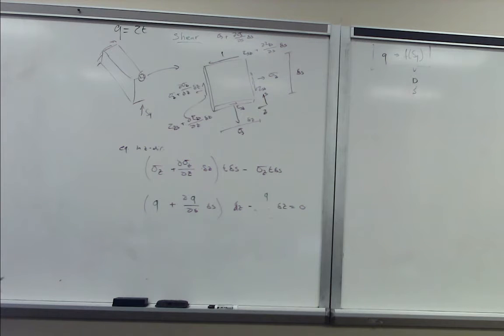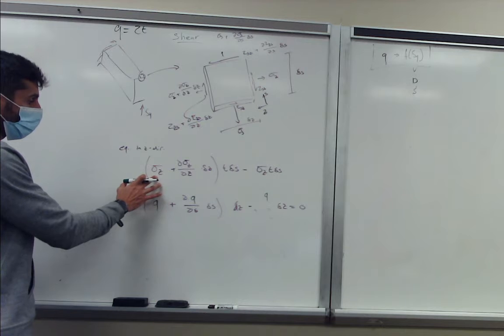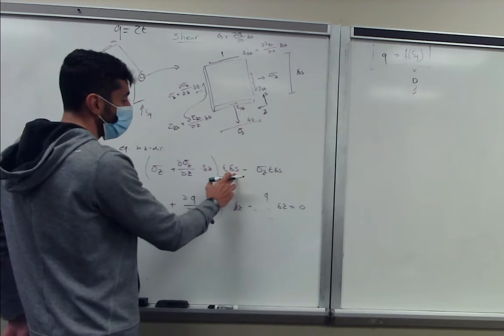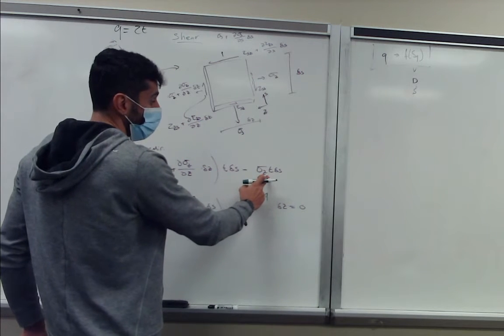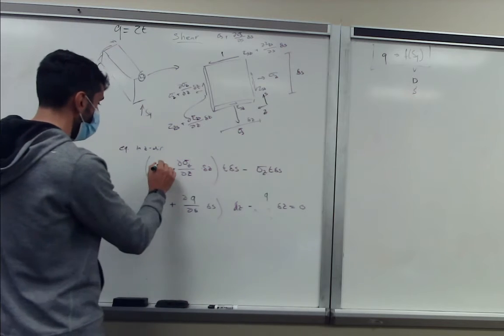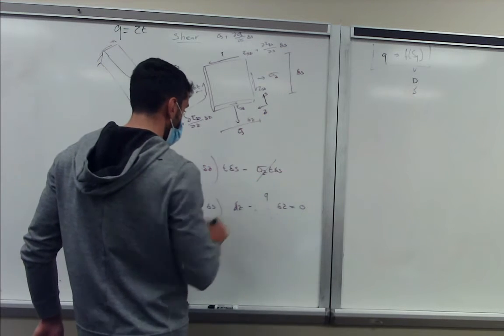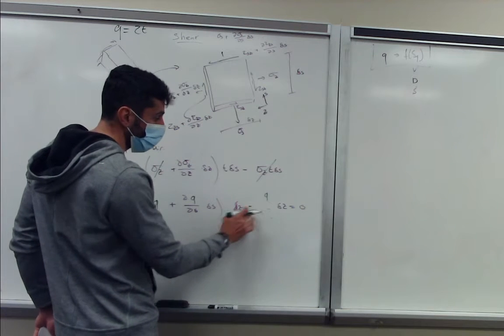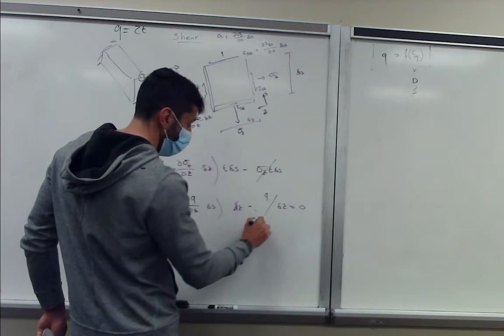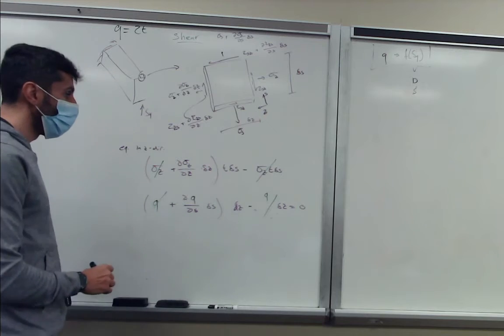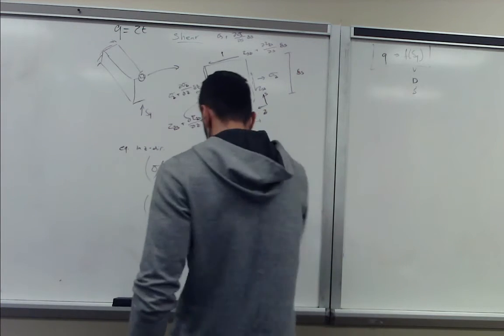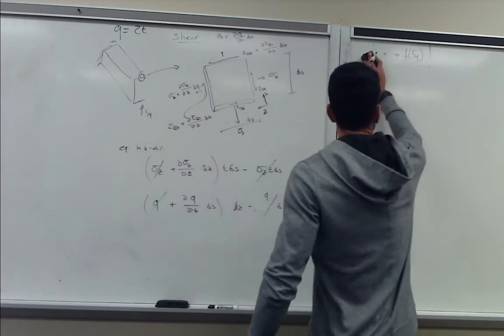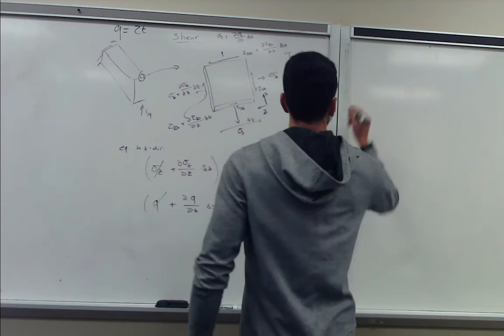And of course, we have a couple of canceling terms. Sigma z multiplied by t ds cancels out with sigma z t ds here. This Q multiplied by delta z cancels out with this Q and delta z. So we get a reduced format from our equilibrium in z.